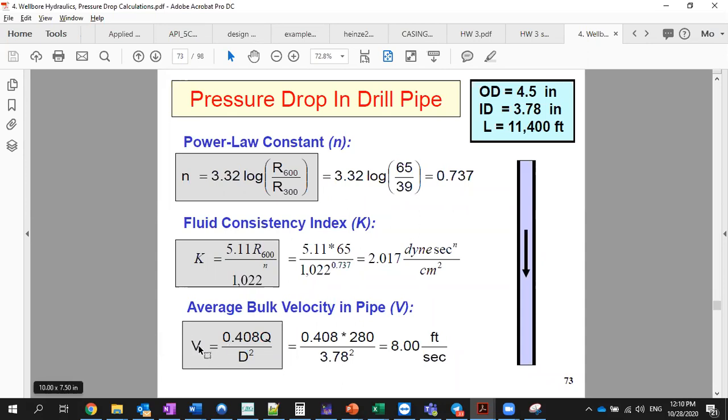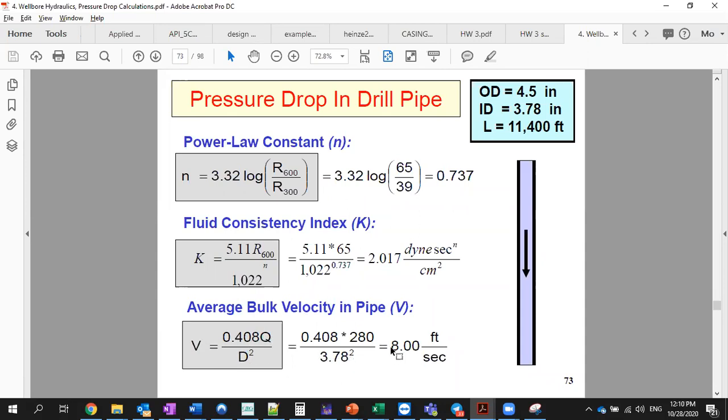And for velocity, once you calculate it, there are equations which will be given to you. You just need to know which equation to use from the table of equations that you will receive. But once you calculate your velocity, you need to be careful about the units that you put there: gallons per minute for Q, and inches for the outer diameter, right?